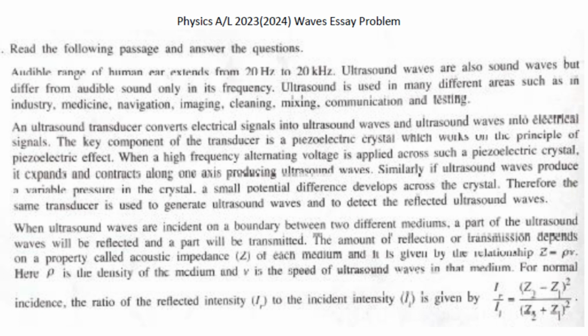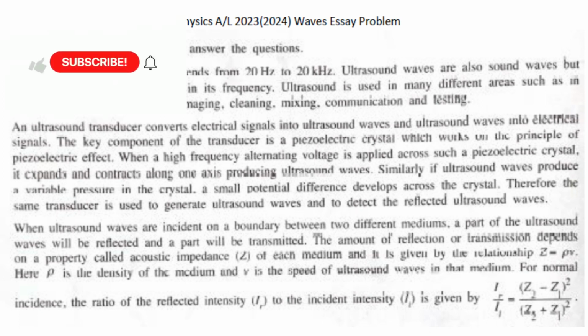The amount of reflection or transmission depends on a property called acoustic impedance Z of each medium, and it is given by the relationship Z equals rho V. Here rho is the density of the medium and V is the speed of ultrasound wave in the medium.